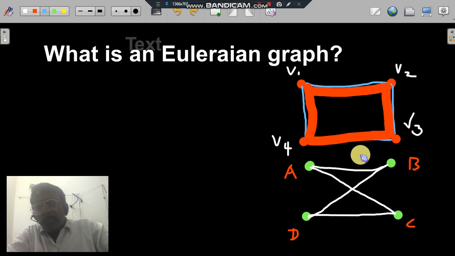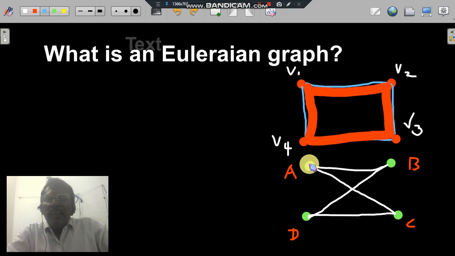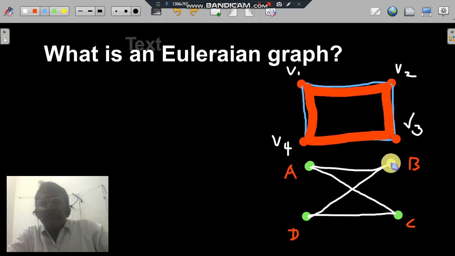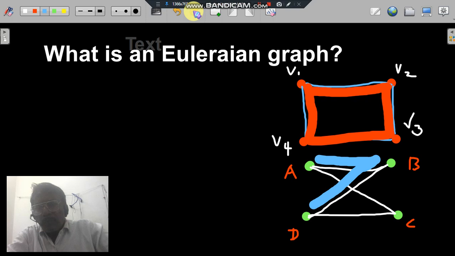Now look at the other picture, this graph. Again I am going to make a cycle starting from A and ending at A: from A to B, then B to D, then D to C, and lastly from C to A. What do you see?